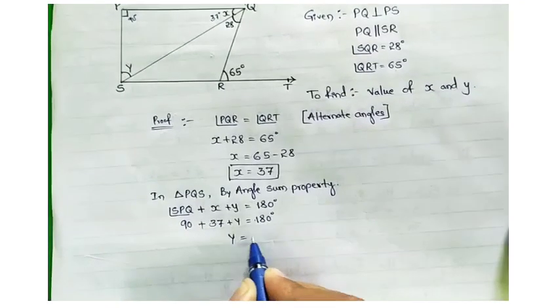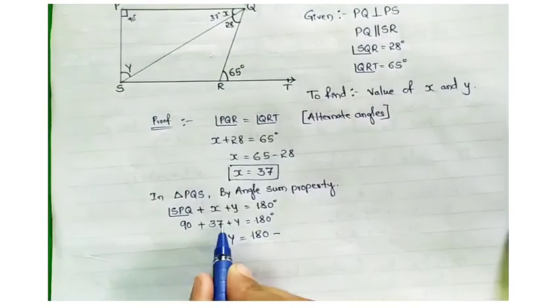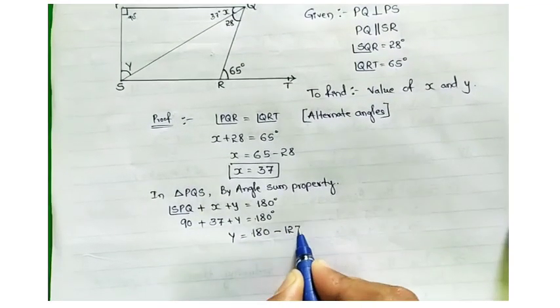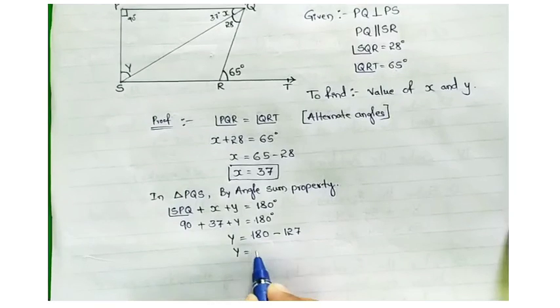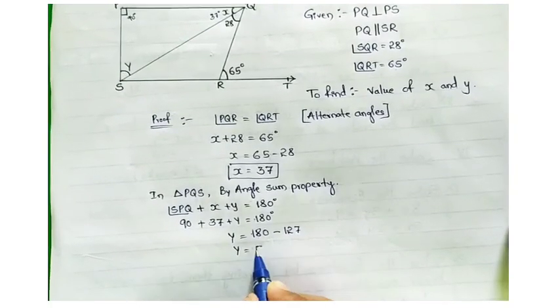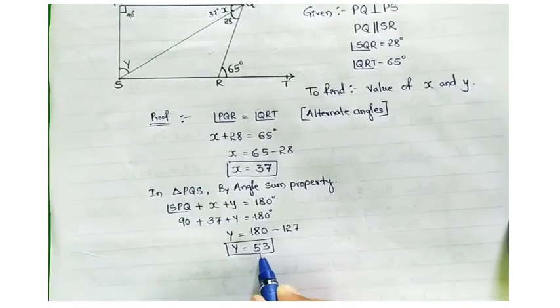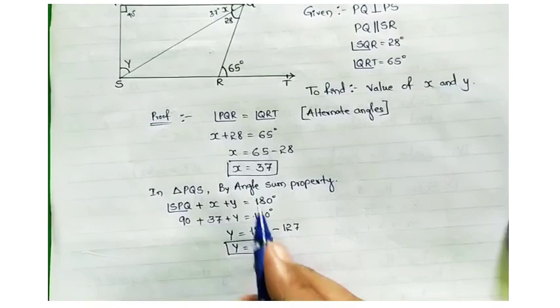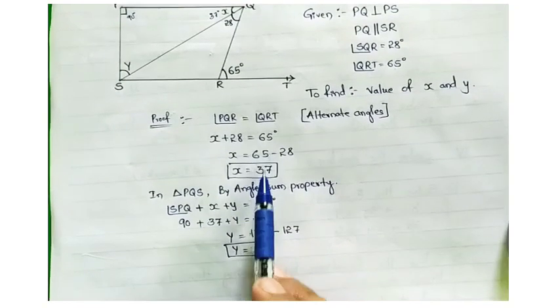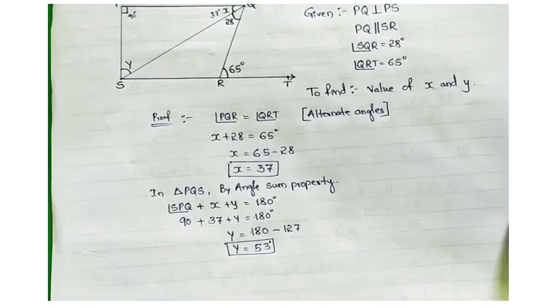So y equal to 180 minus, so add them and take to right side, so it will be 127. Okay, y equal to 180 minus 127, how much you will get here? 53. So y equal to 53 degree. So we got here x, that is 37 degree, and y equal to 53 degree. These are our answers.